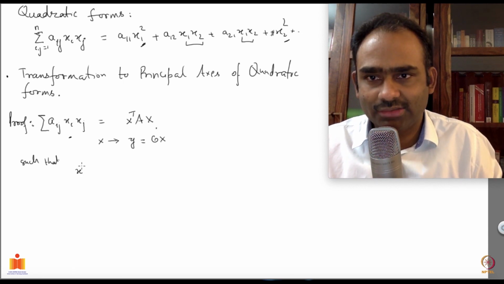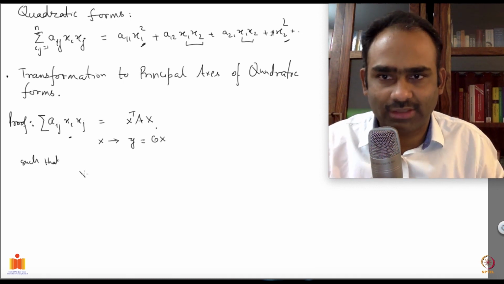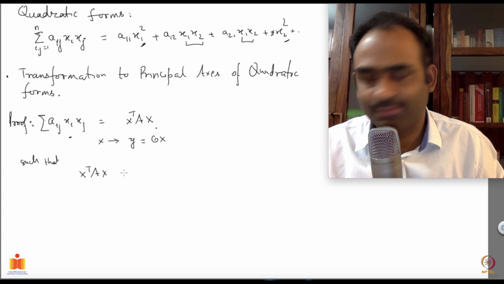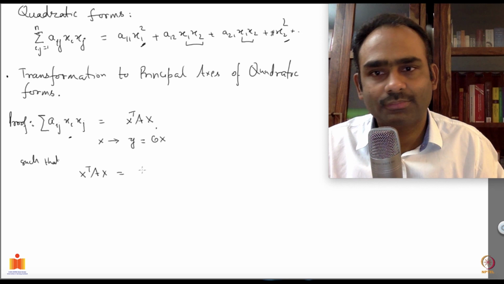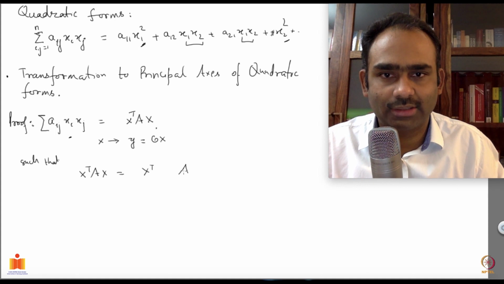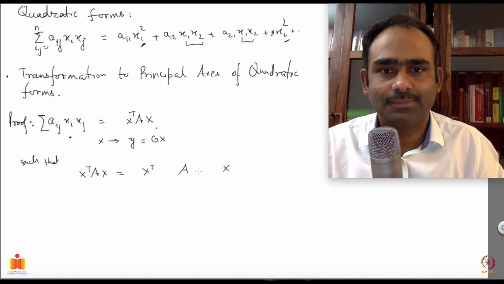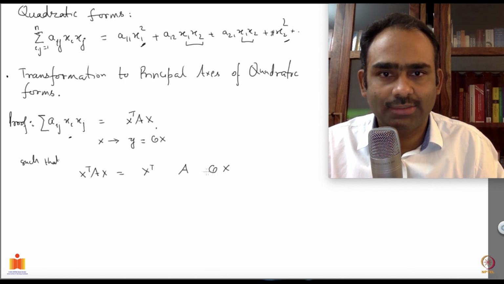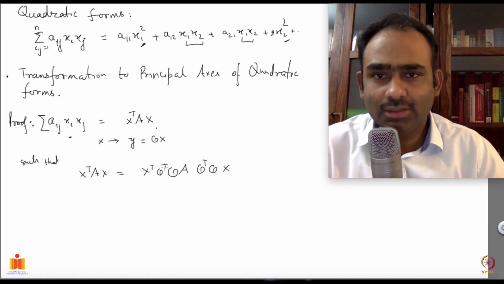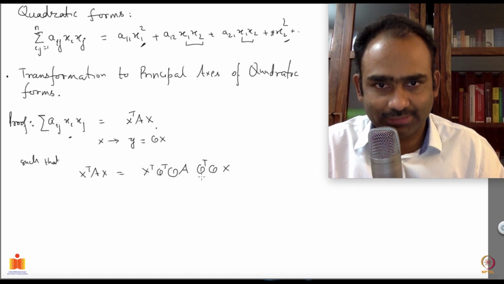So I can write x transpose, not small x but x transpose A x, is equal to x transpose, here is our A, here is our x, and I want to put O here, O transpose here, O transpose, where O is an orthogonal matrix, so O transpose O is identity.